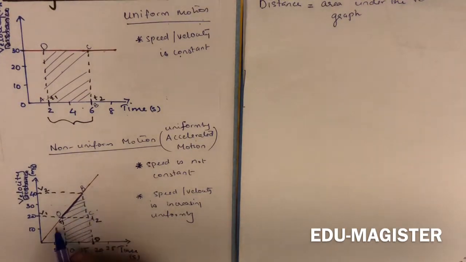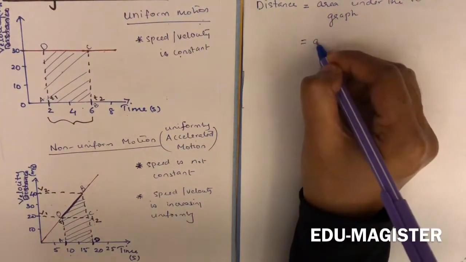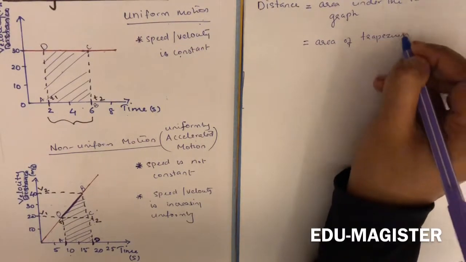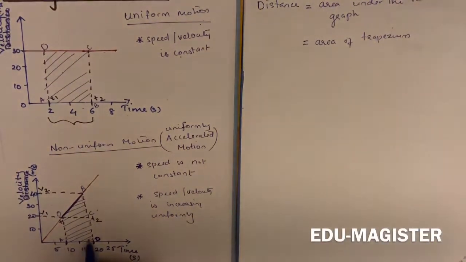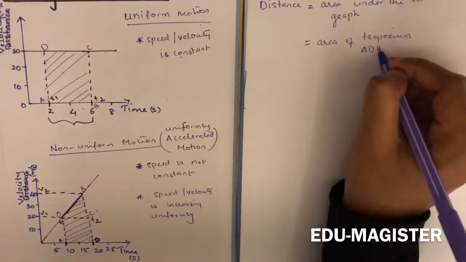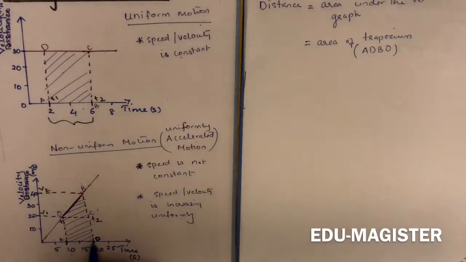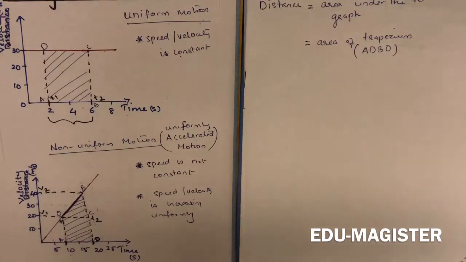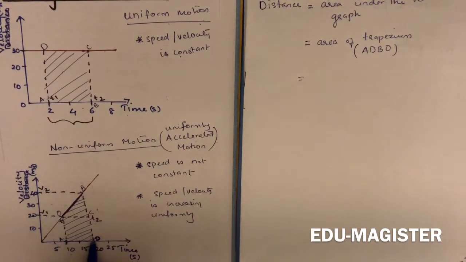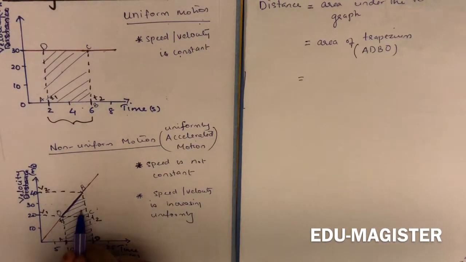I have named it this way. This area looks like a trapezium, right? So the distance is the area of trapezium ADBO. This shape you can split into two parts, a small rectangle here and a triangle here, right?